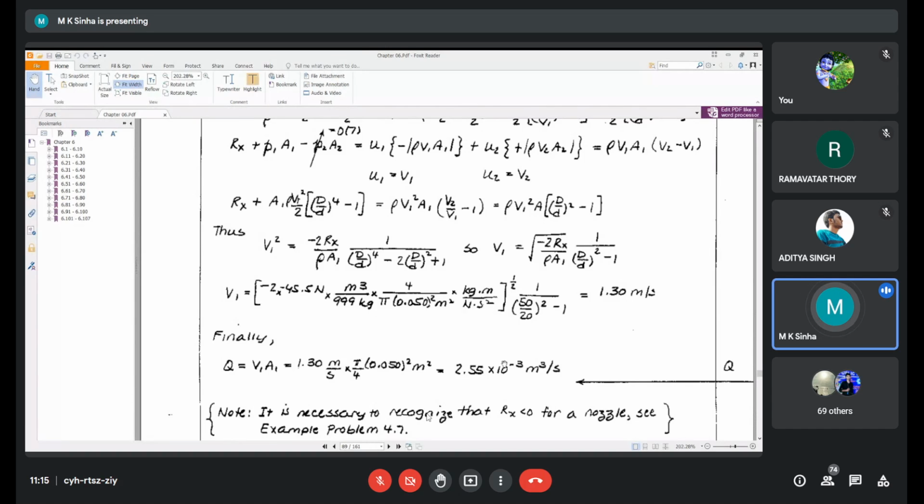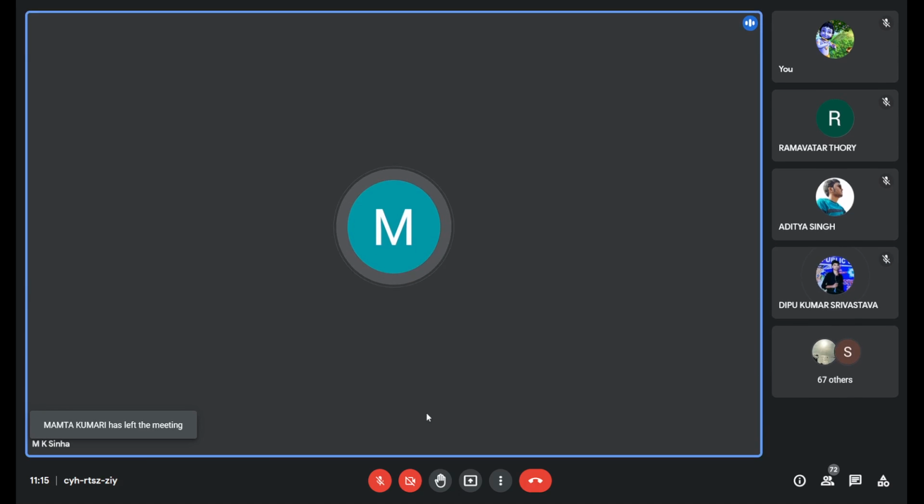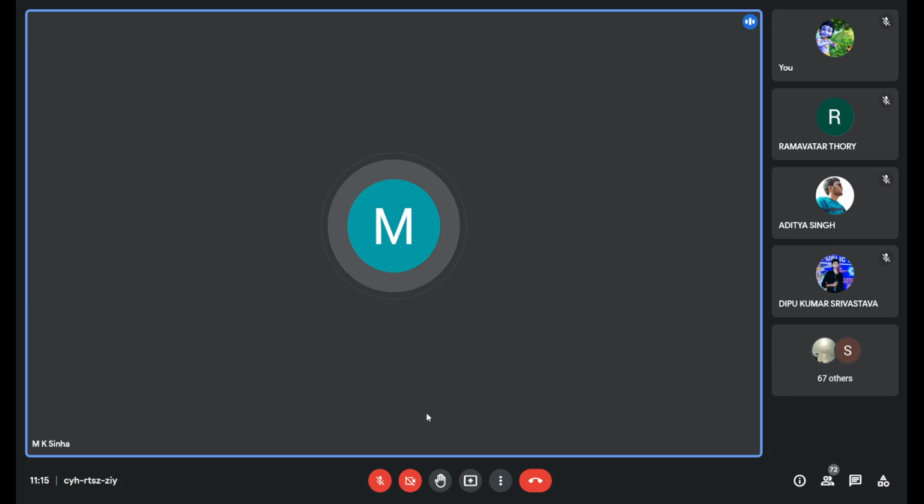Have all of you written it? In this way you may solve problems related to momentum, but focus more on the Bernoulli equation, Euler equation, and continuity equation.